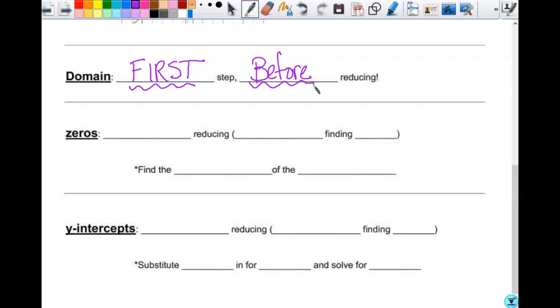Then to find our zeros, that happens after reducing. That means it happens after finding our holes, which are point discontinuity. And the way we find the zeros is that we actually find the zeros of the numerator.